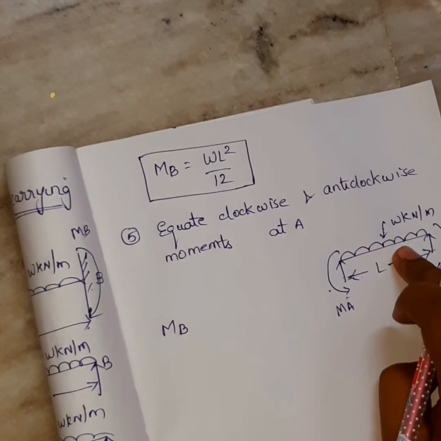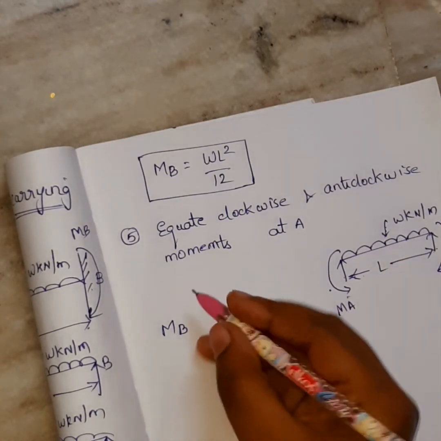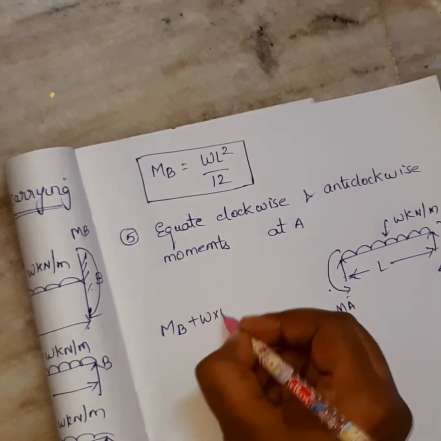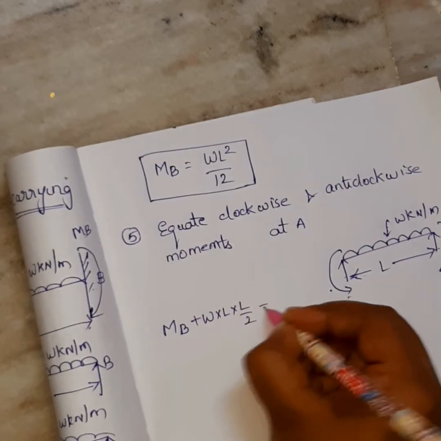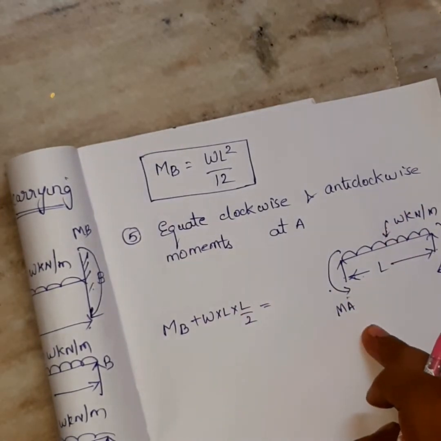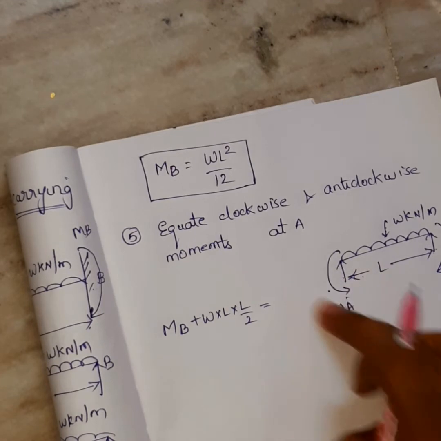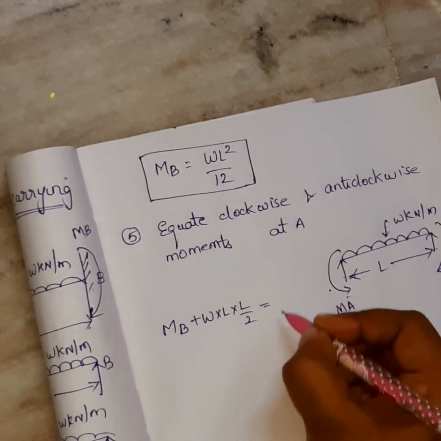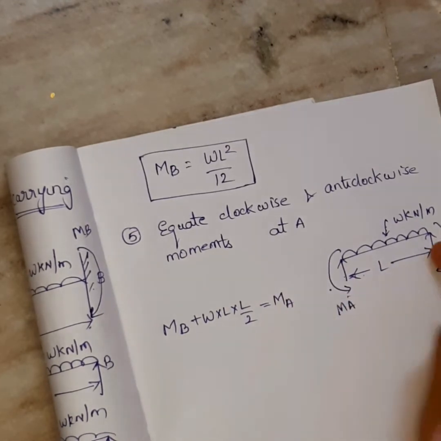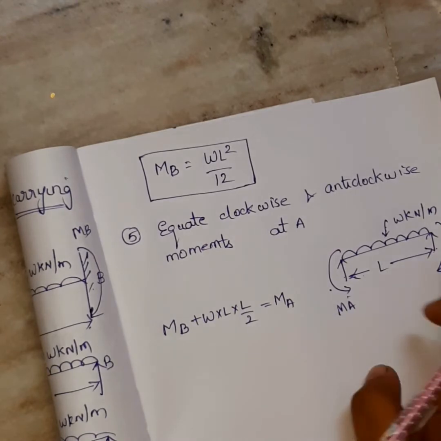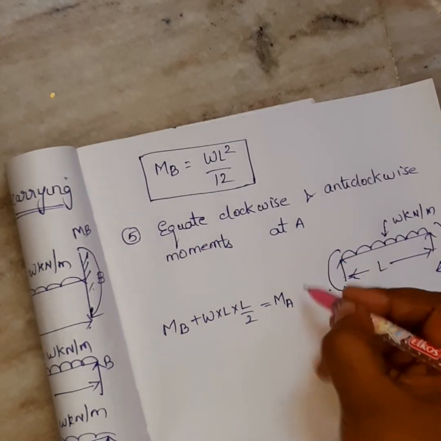Force into distance by 2. Then equate it with the anti-clockwise moments: MA, and RB into L, which is also anti-clockwise.